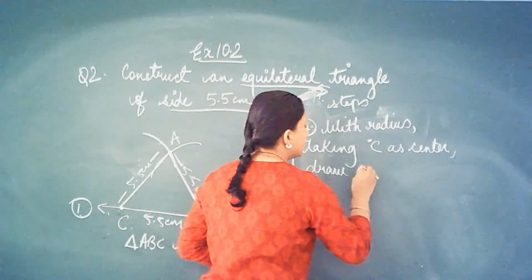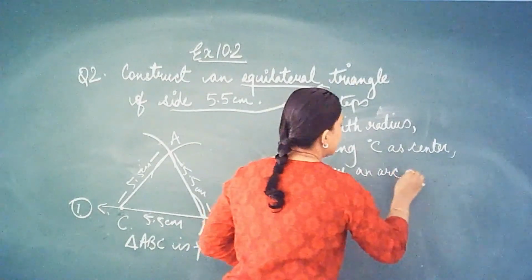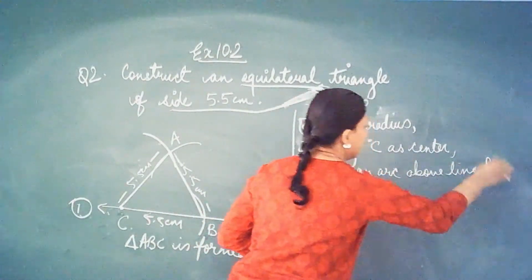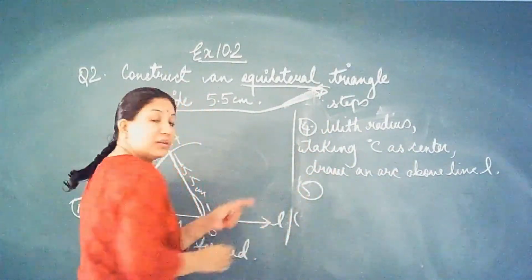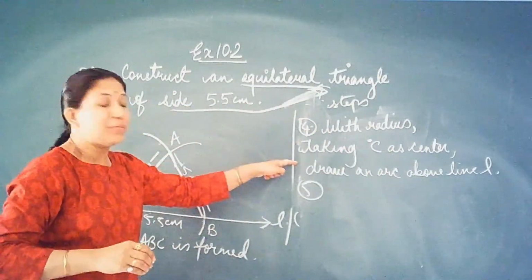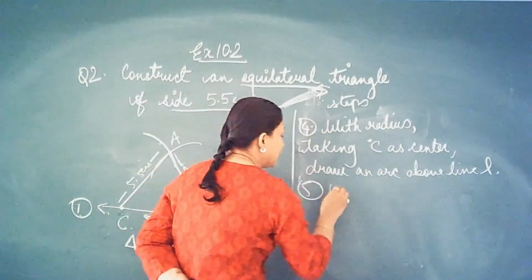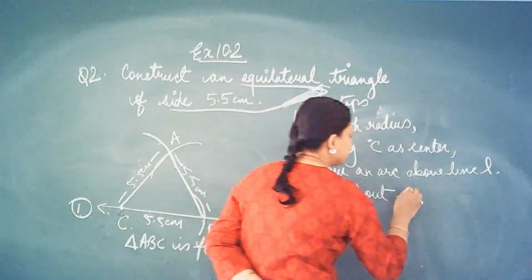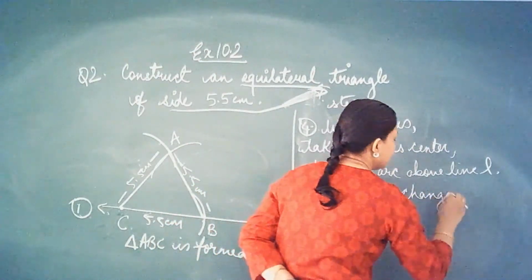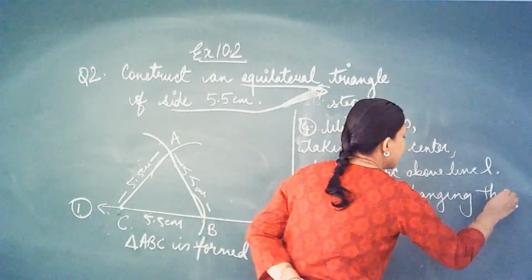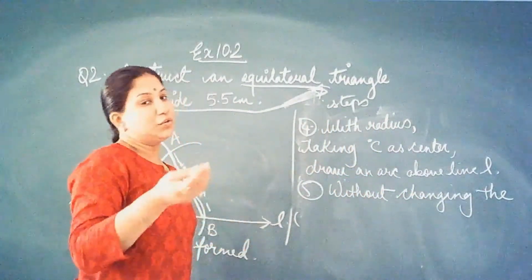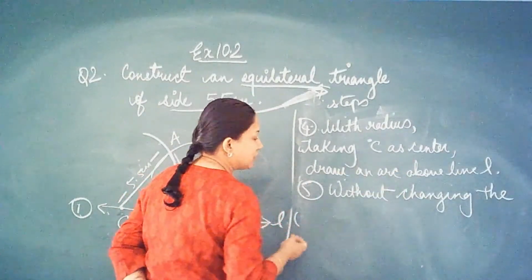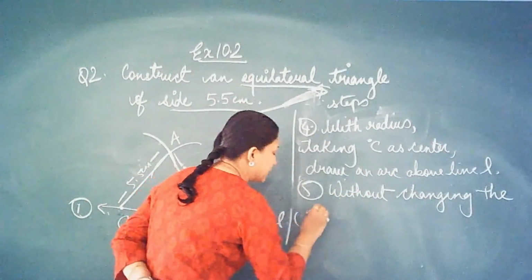So draw an arc above line L. The same thing will be the fifth point, with the same radius. Here also, you can write down, without changing the measurement. Whatever you do, you have to just write down those steps that you have done.